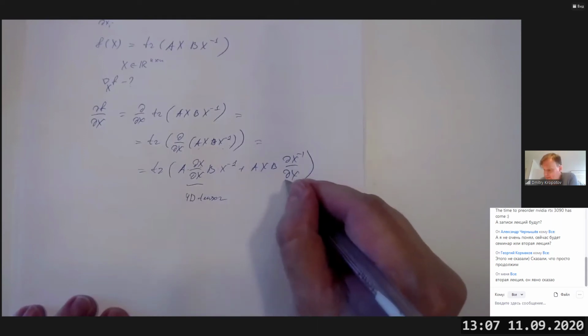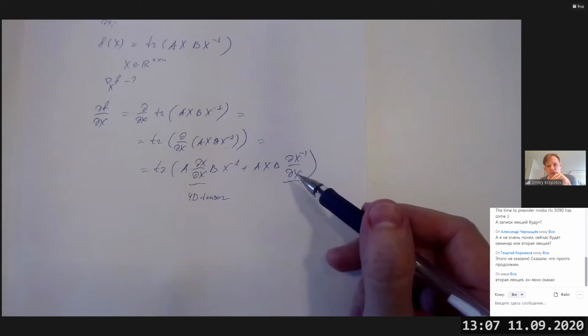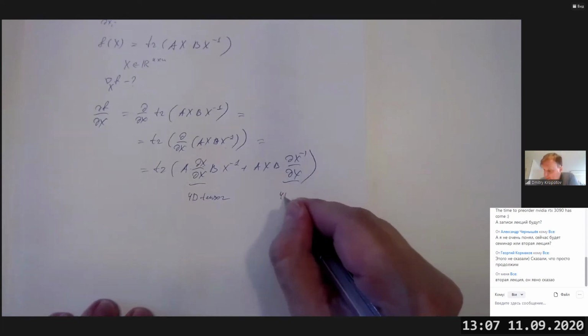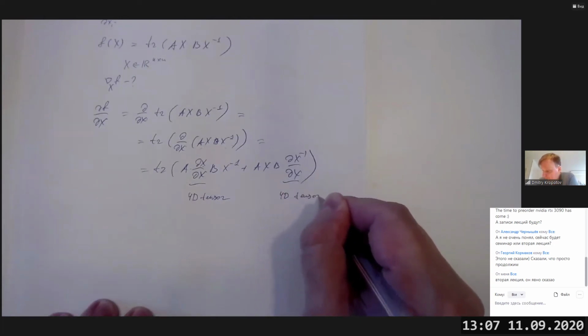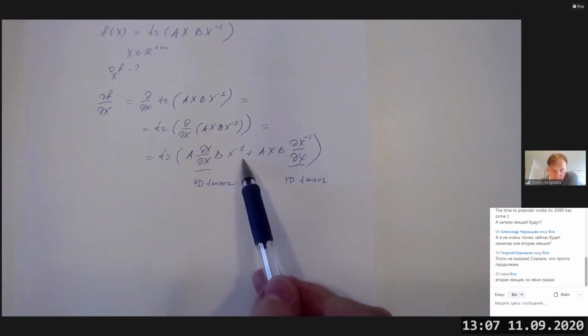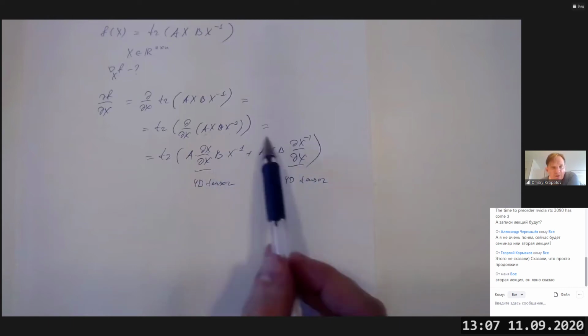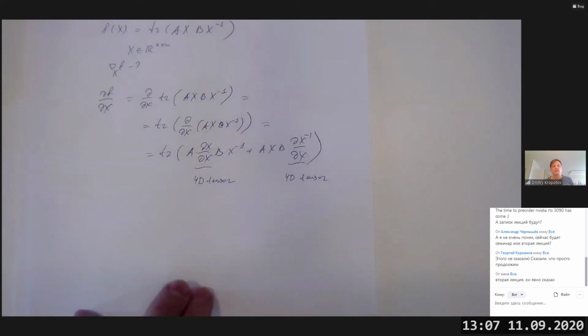The same is here, because we calculate the derivative of a matrix with respect to a matrix. Again, a four-dimensional tensor. Then we multiply a four-dimensional tensor by a two-dimensional one and then take a trace. Well, in principle, it is possible to calculate this expression this way.